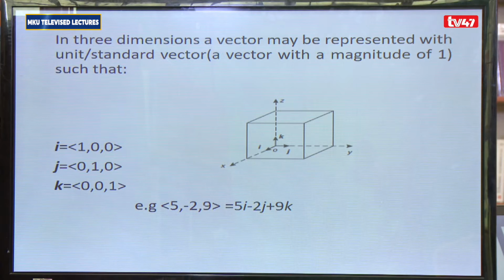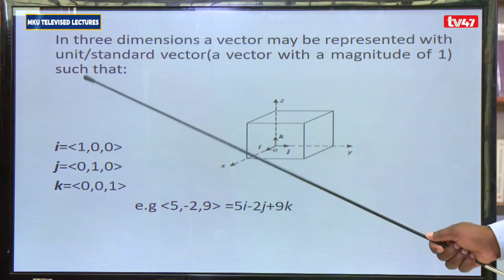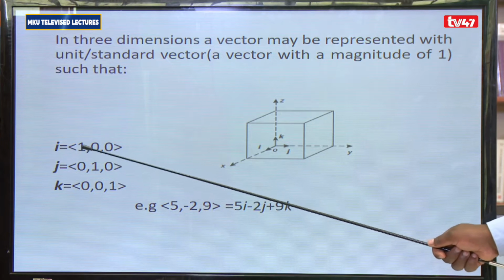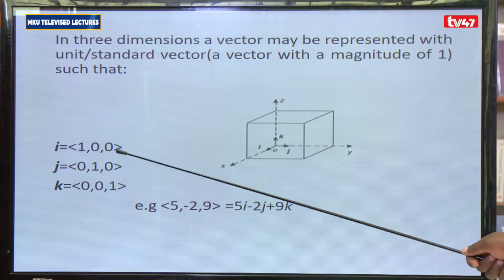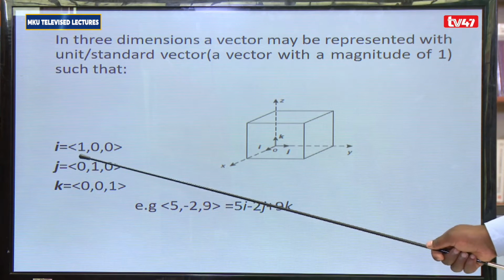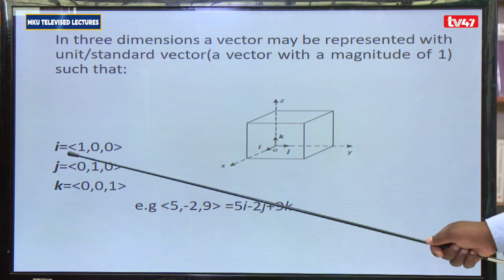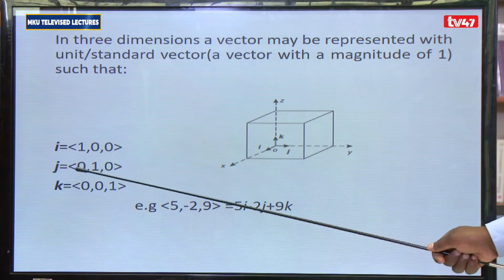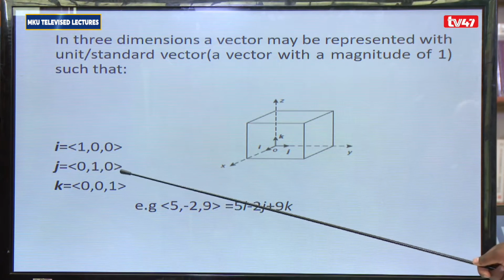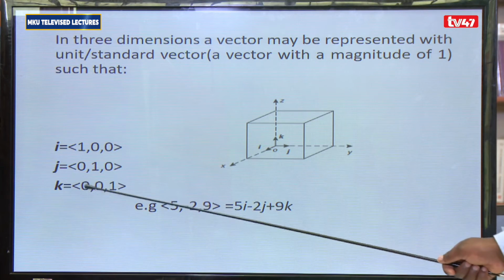Remember, unit vectors have a magnitude of 1. Therefore, the components of i are shown by (1, 0, 0), whereby 1 shows the magnitude of the i component. And the j component is shown by (0, 1, 0), and of course k is shown like that.